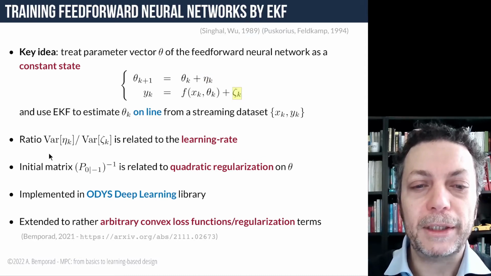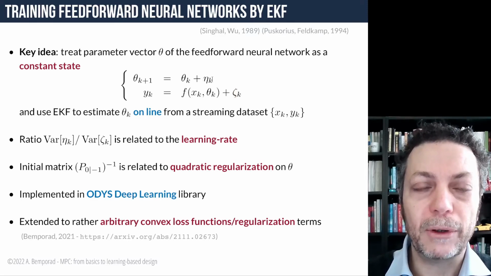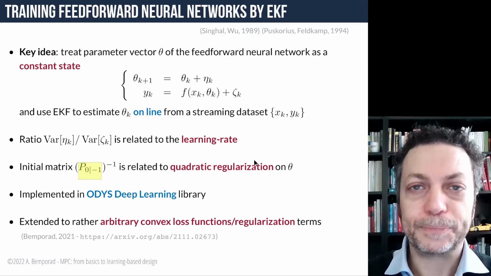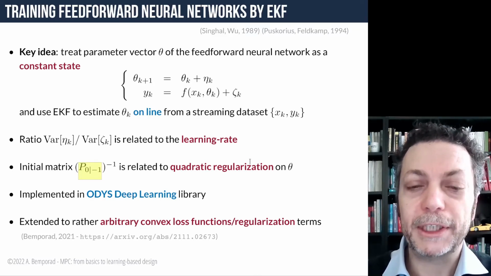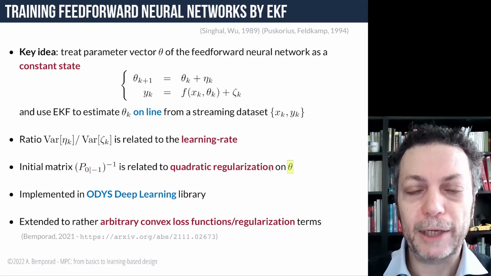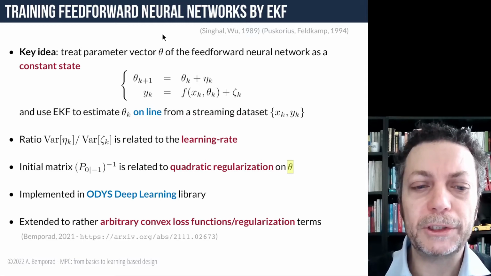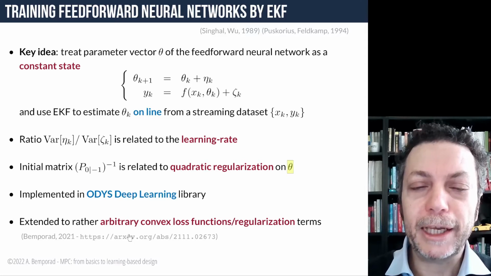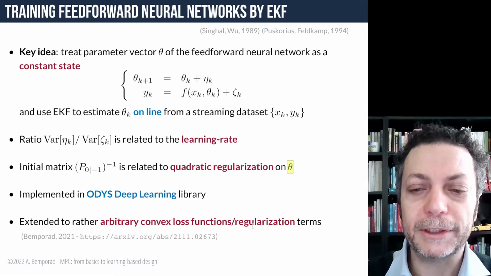In general, the ratio between the variance of the input noise eta and the measurement noise zeta is related to the learning rate. You can show that the initial covariance matrix of the Kalman filter is related to the quadratic regularization term that you have on theta. This type of approach is also implemented in the deep learning library I was mentioning before, and it can be generalized to arbitrary convex loss functions and regularization terms.